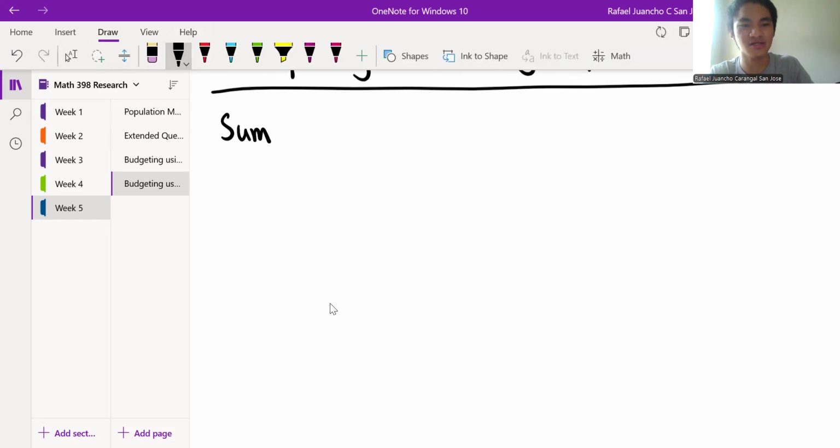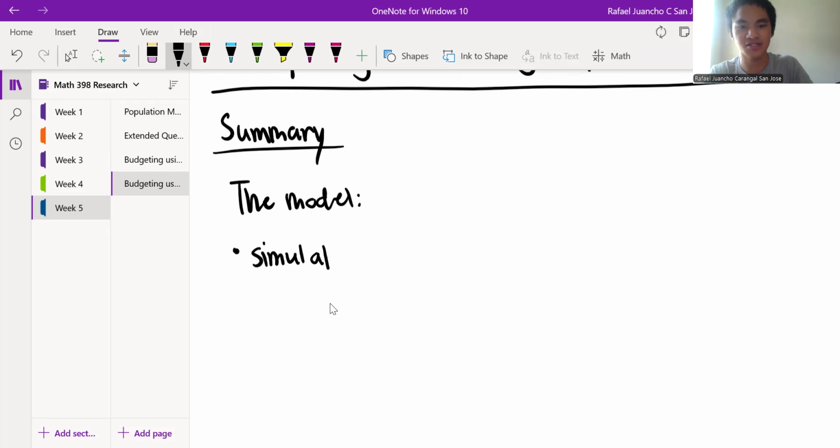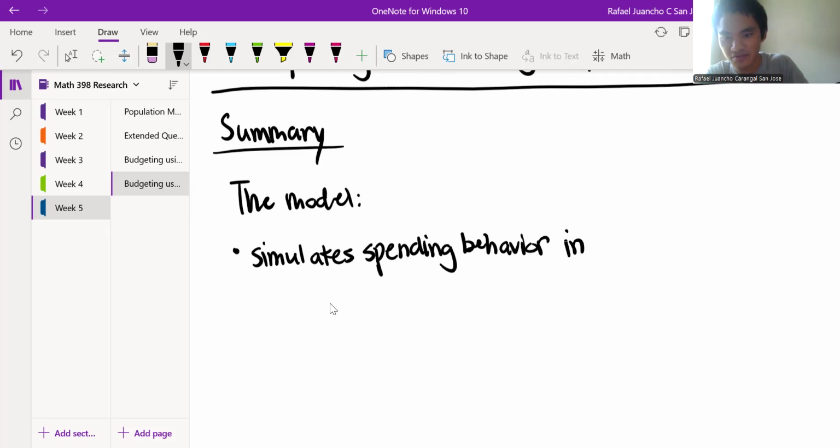So just to summarize, just to reiterate what this model does. It basically simulates spending behavior in a principled way.